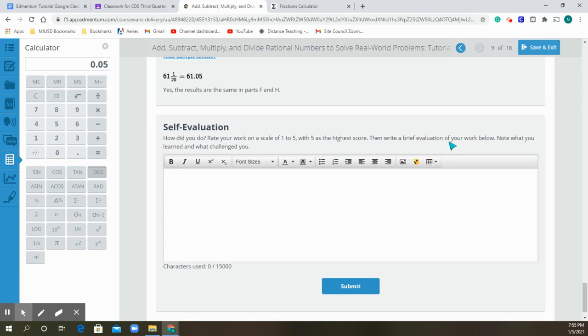Then write a brief evaluation of your work. Note what you learned and what challenged you. I'm going to say 4 out of 5. I could have used better labels, degrees Fahrenheit, however you spell that.